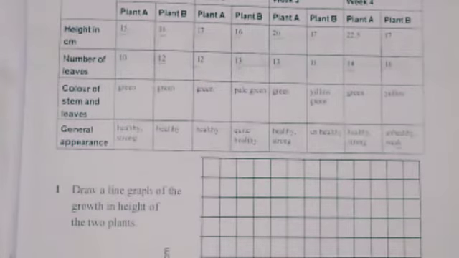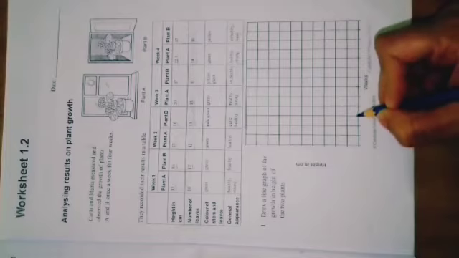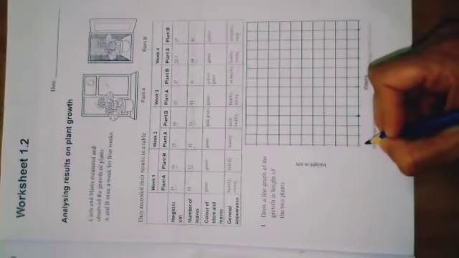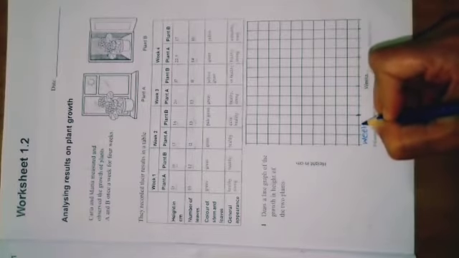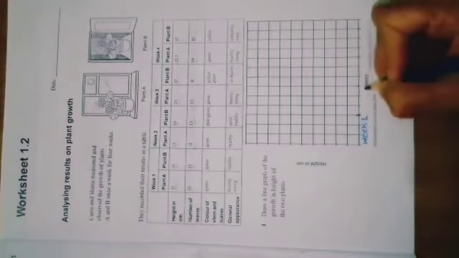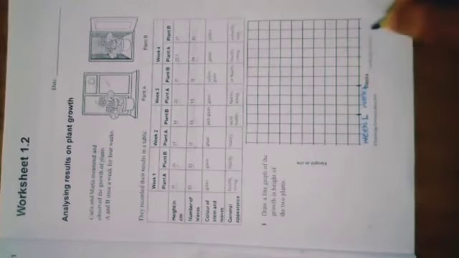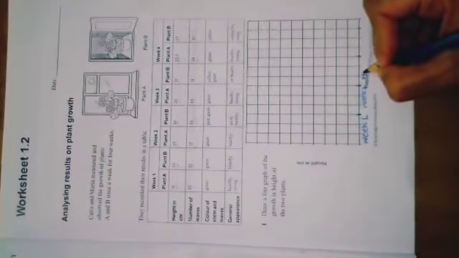We take 3 boxes for week 1, another 3 boxes for week 2, another 3 for week 3, another 3 for week 4.